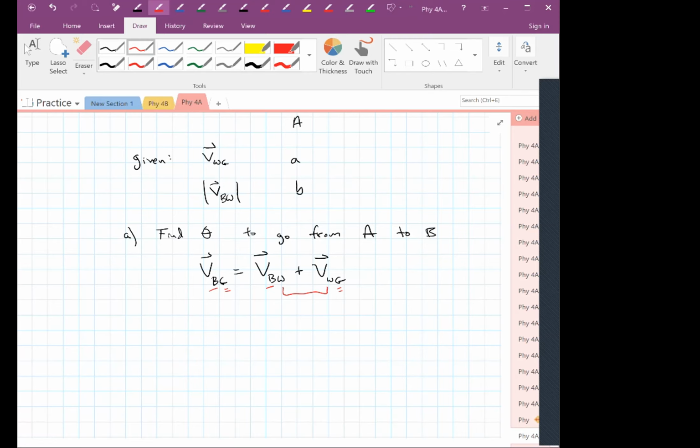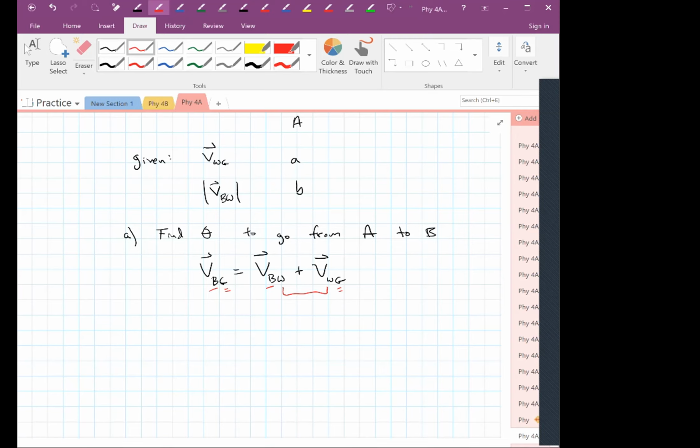I won't give you more than this on the test tomorrow, but if you had a bug walking across the bed of a truck and the truck was moving, maybe the bug was walking across a box in the back of a truck and the box was moving and then the truck was moving, right? You have multiple things moving. You could keep doing these.